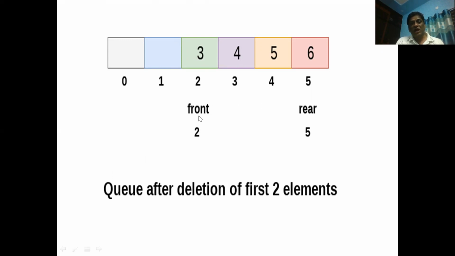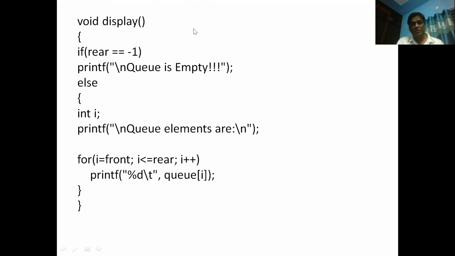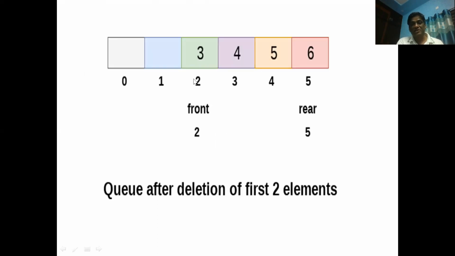That is why I is equal to front, I less than or equal to rear conditions are used in the for loop, and increment I plus plus to move from one element to the next element. Okay, right. So this is how display is performed.